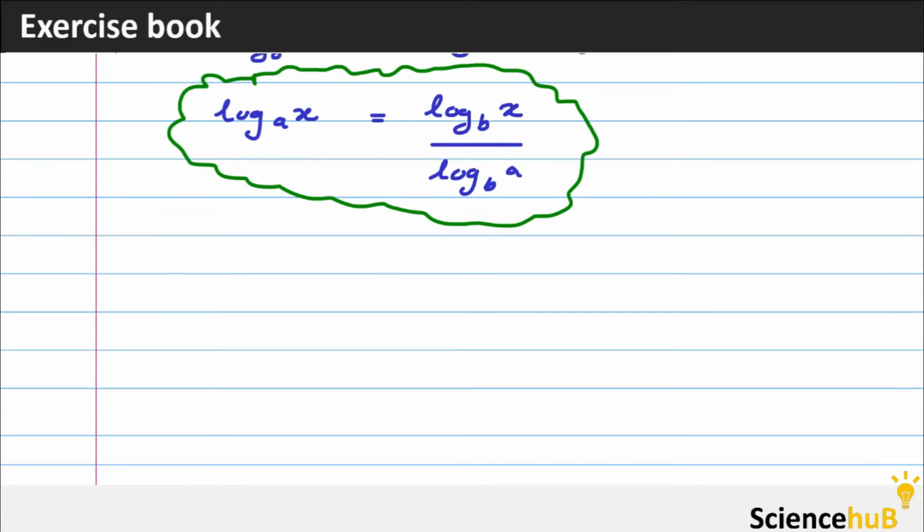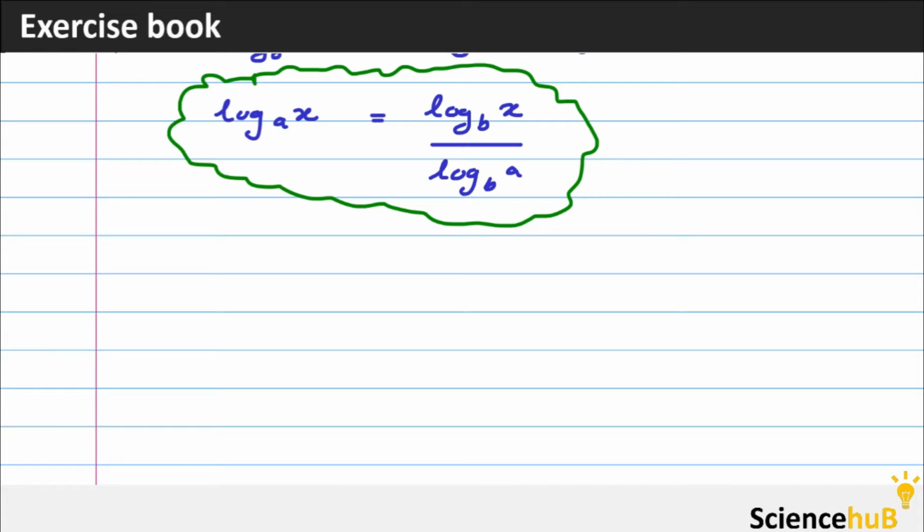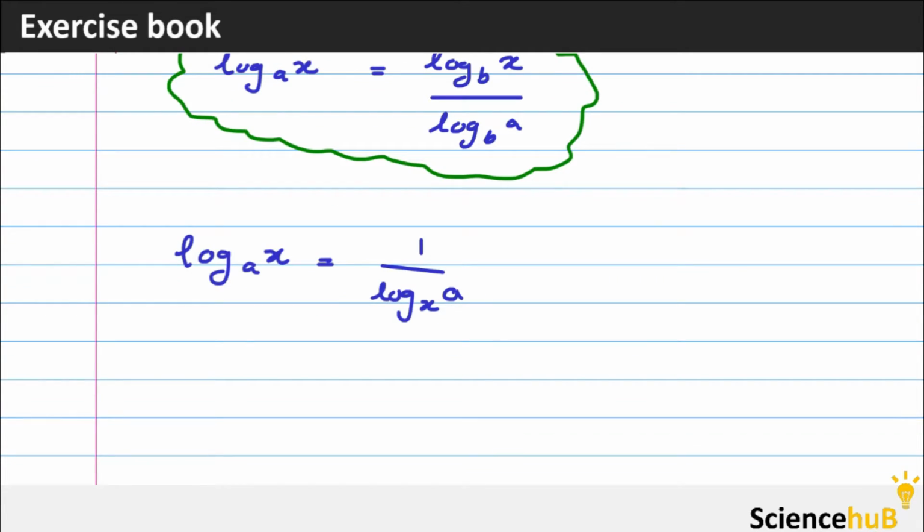Okay, now we have to deduce the equation log_a x is equal to 1 upon log_x a. To prove this, you can see that here b has become the x on the right hand side.